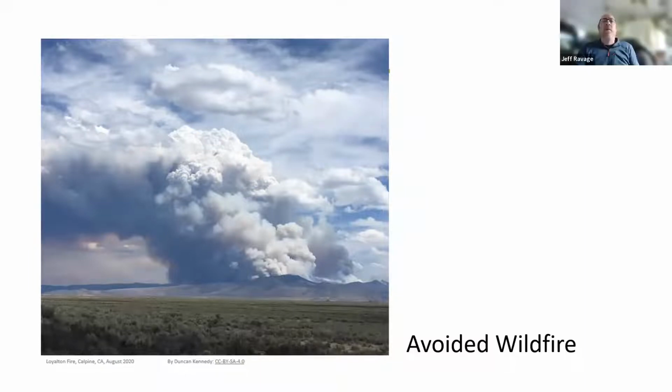Okay, so avoided wildfire is the most contentious one, and we had a lot of problems with the American Carbon Registry. One, because it's ex ante, meaning that we want our money before we do anything.